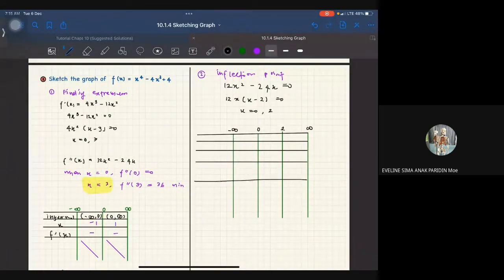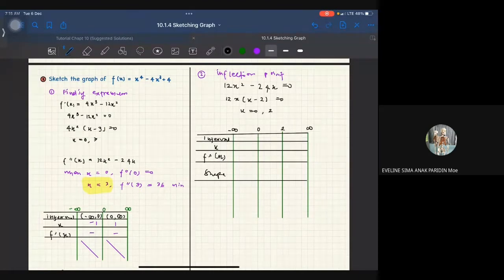Right, so the first one will be interval. Second one is test value. The third one is your f double prime. Okay, and then shape kita.